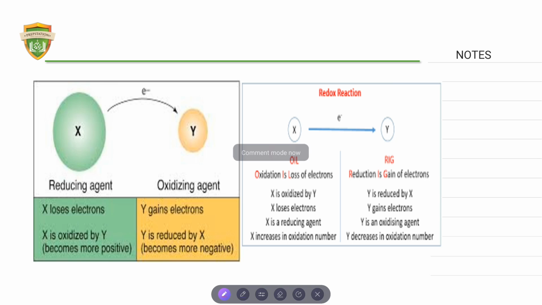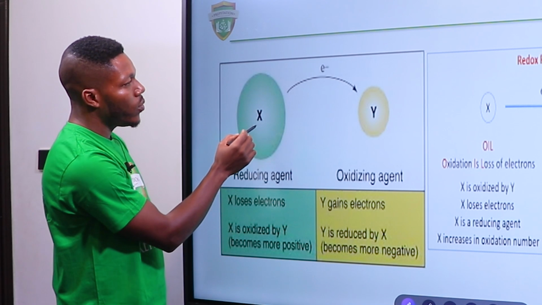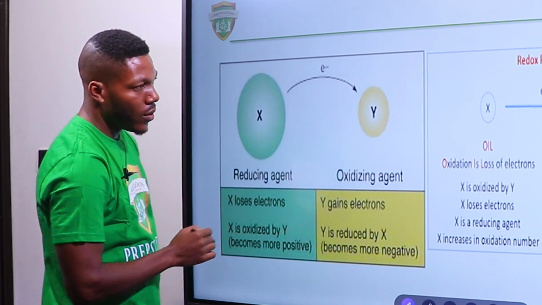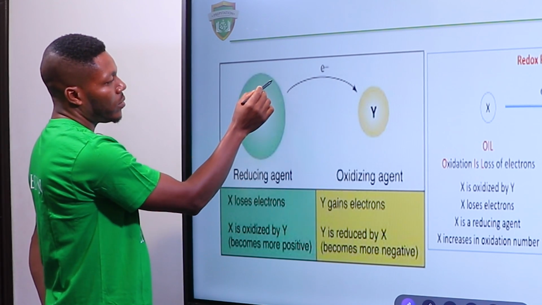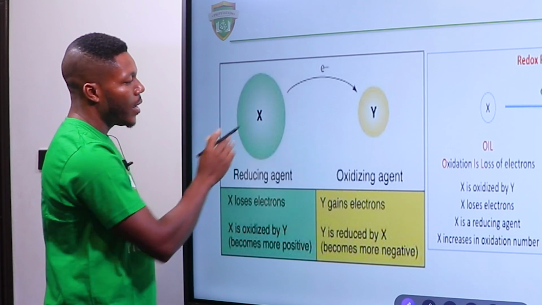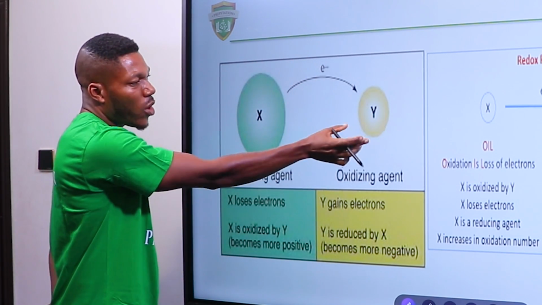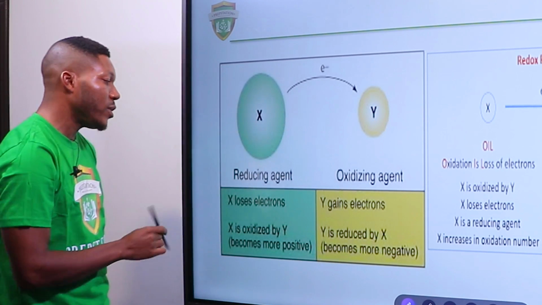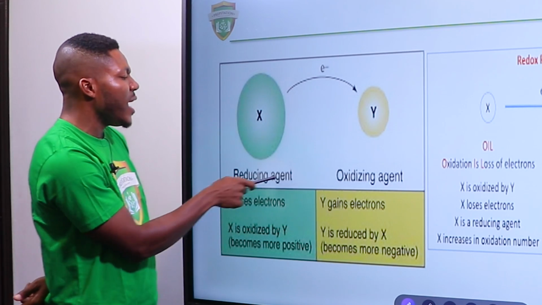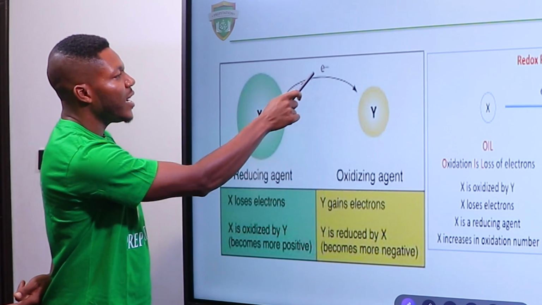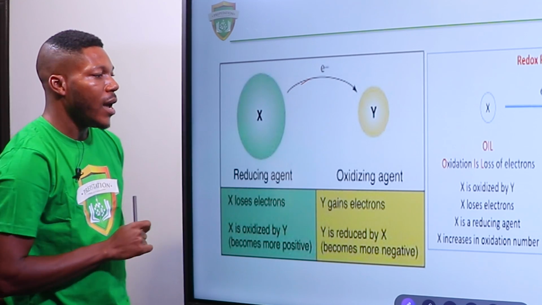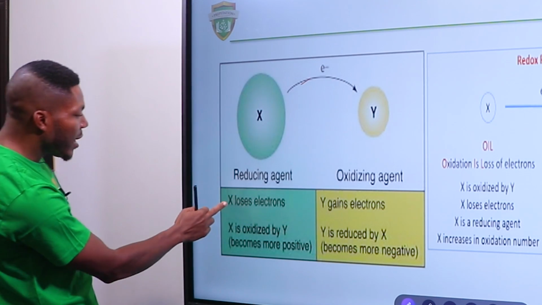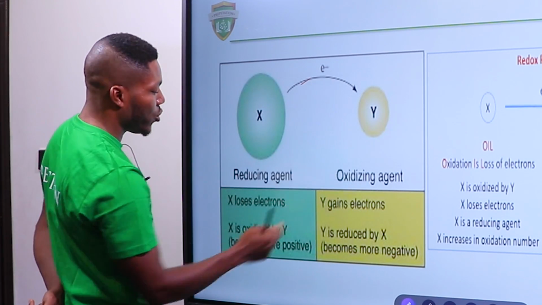For example, X and Y. X gives out electrons to Y. Initially, X was at the 0 sign here, and it gives out an electron to Y, and Y receives it, getting more electrons from X. At this point, X is a reducing agent because it gives out electrons to Y. And Y receives it and becomes an oxidizing agent. As I said, X loses electrons, Y gains electrons.